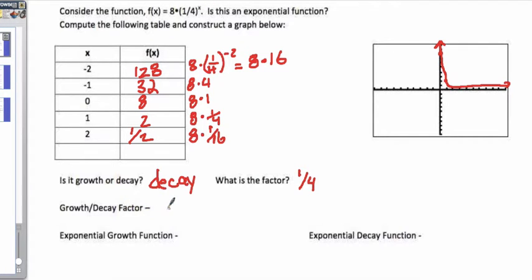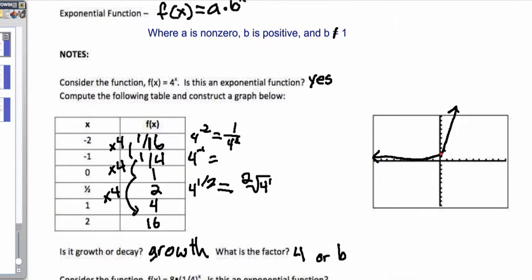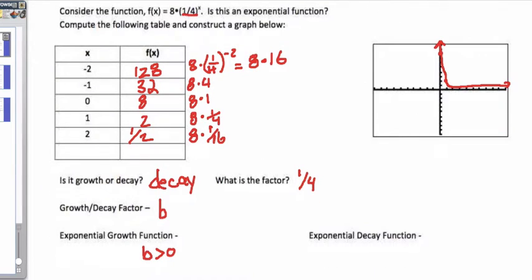Okay, so how do we know if it's going to be growth or decay? We already know the growth or decay factor is b, this right here. And then how do we know if it's going to be going up or down when you go left to right? Well, if the b is bigger than 1, so in the above example, then we have growth.